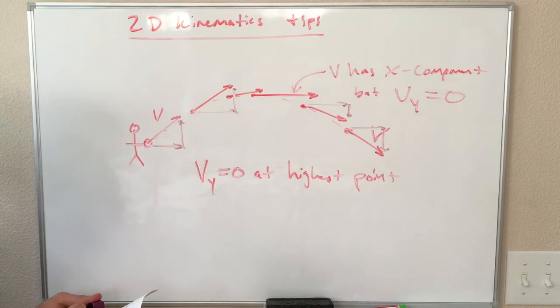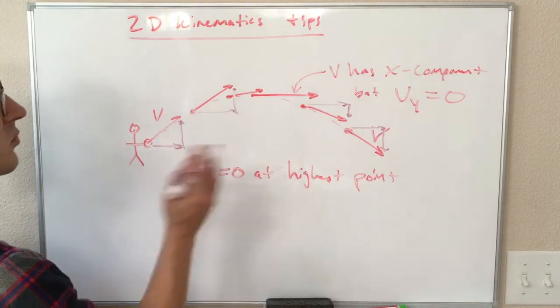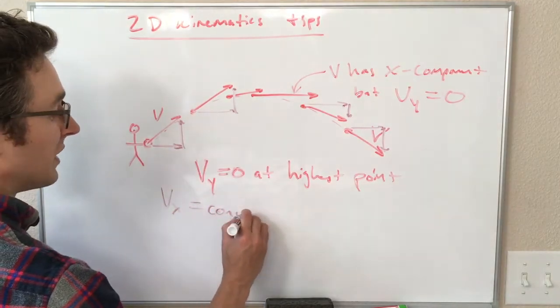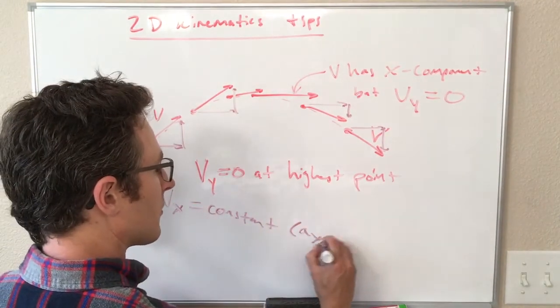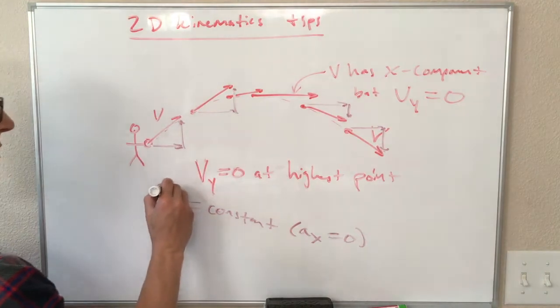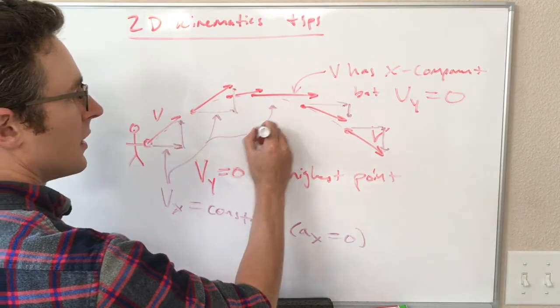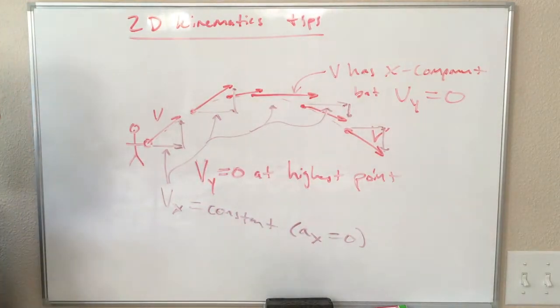This drawing isn't perfect, but what I want you to see, or believe, is what I said before: Vx is a constant because ax equals 0. So this component of all of these is staying the same. I drew this one a little longer, but in general, the other ones are pretty much the same.